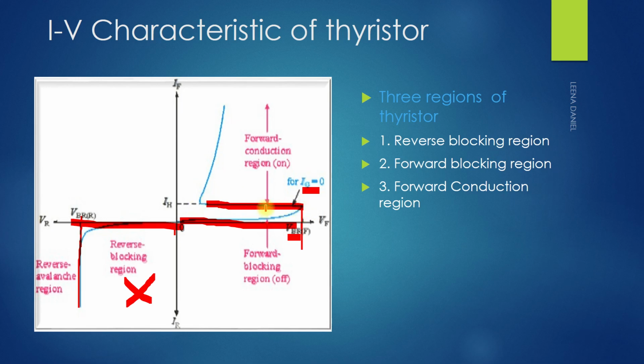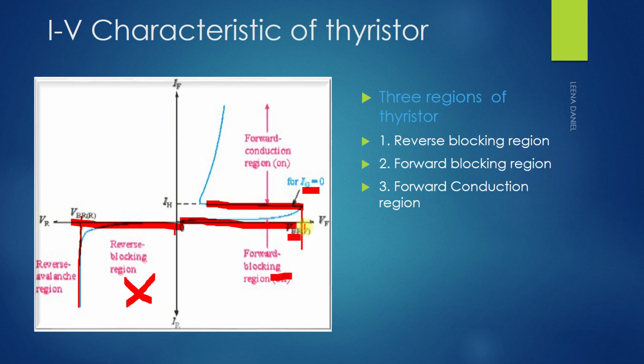This stage never exists in the circuit. As we apply the forward voltage across the thyristor, it gets into the forward conduction mode and starts conducting. So from 0 to VBF, no conduction takes place; the thyristor is connected in forward bias, but there is no conduction and the thyristor is in the off state.